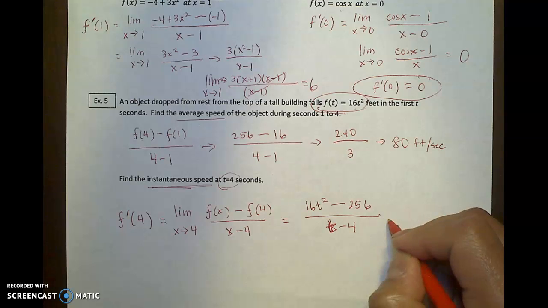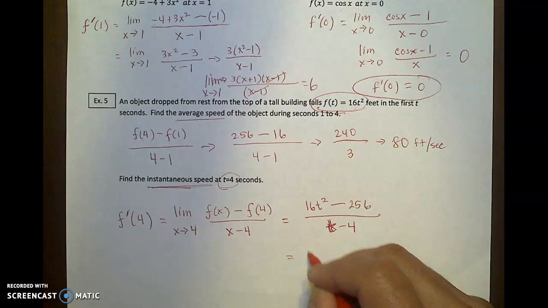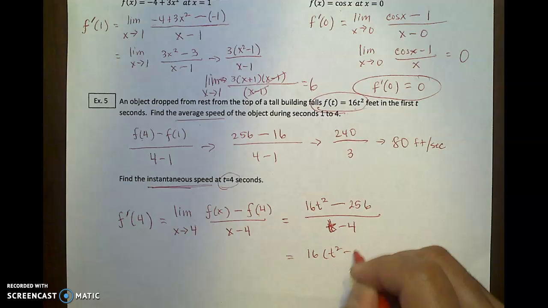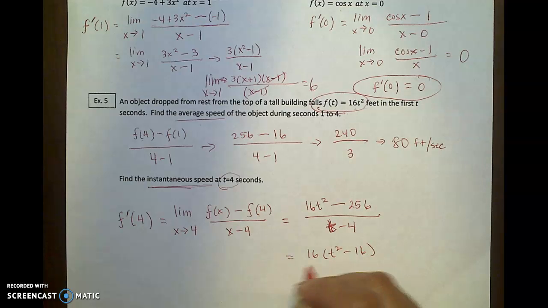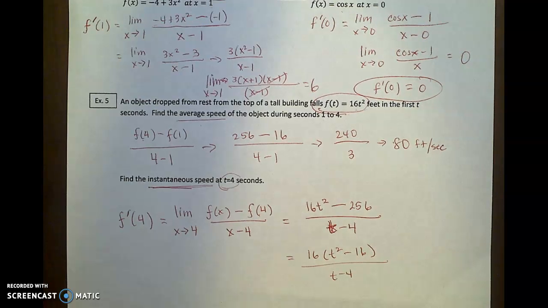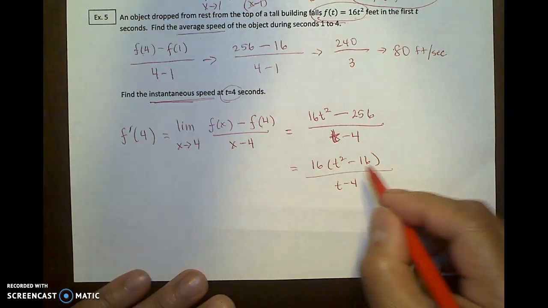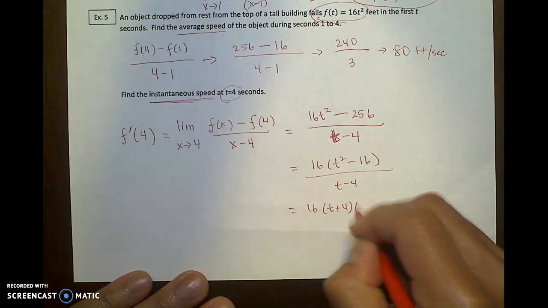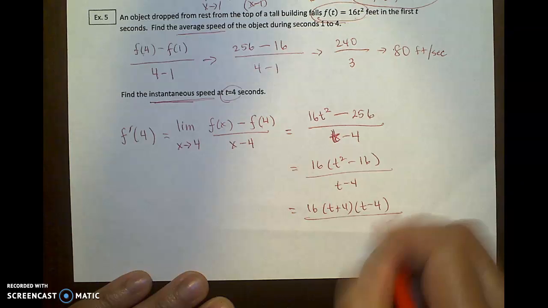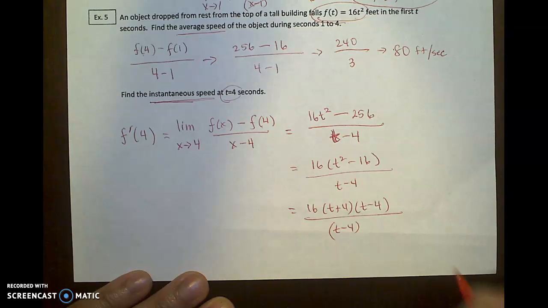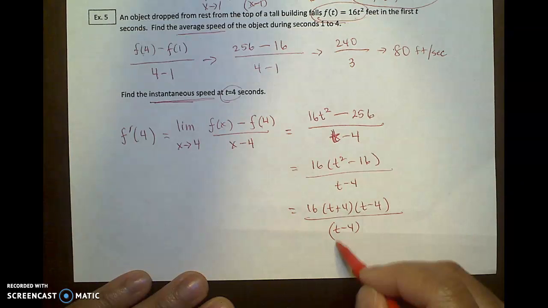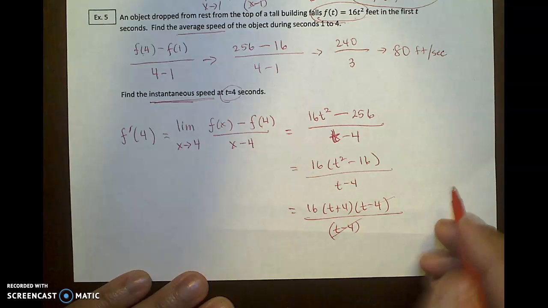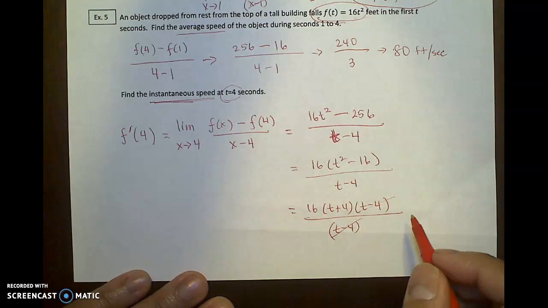So let's go ahead and find this limit. We could take out a 16. So it's going to be t squared minus 16 over t minus 4. That's factorable, difference of perfect squares. So that's t plus 4 times t minus 4, over t minus 4. The t minus 4's cancel. Now we can evaluate this limit.